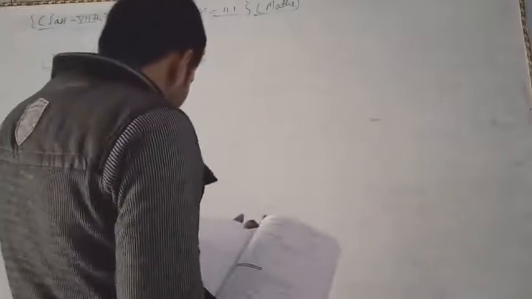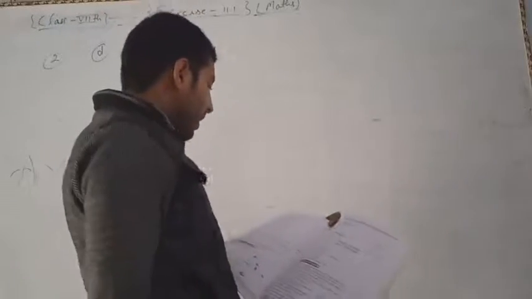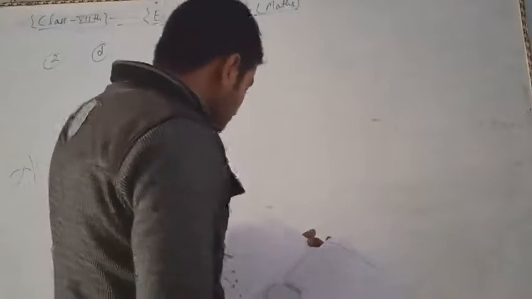Again, we have to define figure D. In figure D, given triangle PQR with angle P equal to 120 degrees.